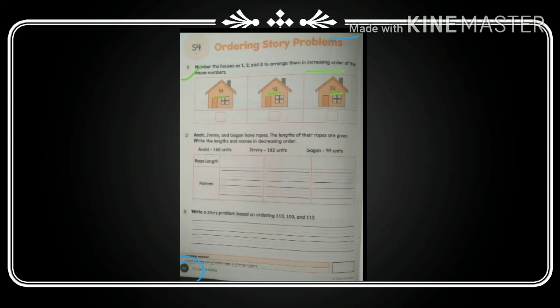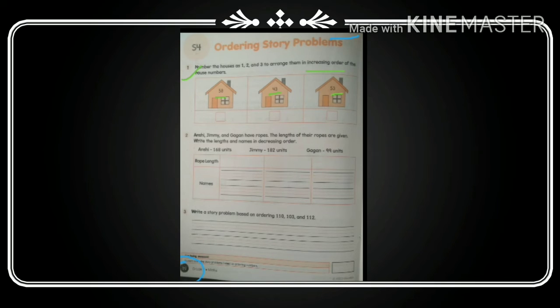Arrange these houses in increasing order by using numbers 1, 2, 3. So the small number house will come first, the next number, and the biggest number house will come as the third house. So read the question. Look at the numbers properly and arrange them in increasing order by giving 1, 2, 3 numbers.